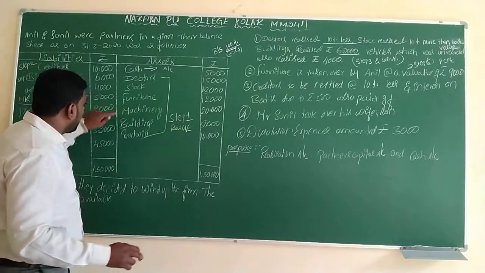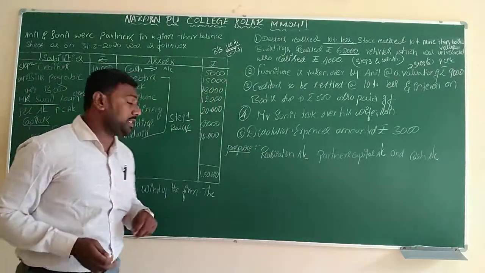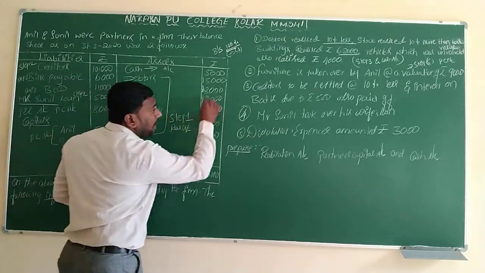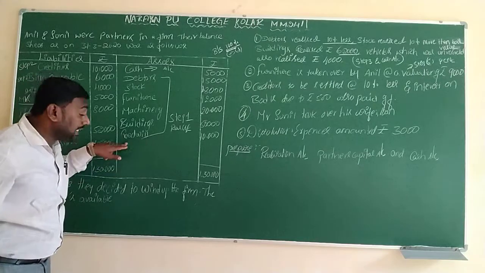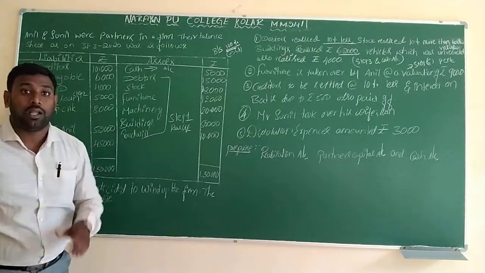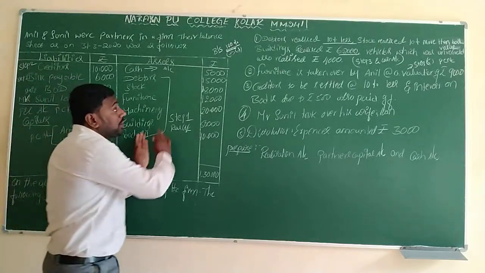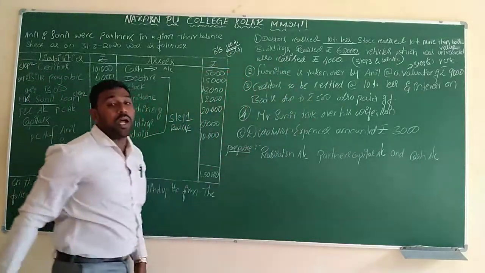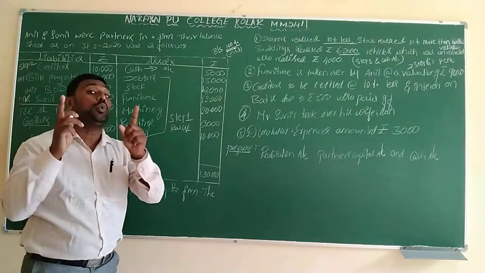During that time, if a tangible asset value is missing in the adjustment, we have to record the same value in step number 3 only. But if an intangible asset, that is goodwill or prepaid expenses, is given in the balance sheet but the information is not available in the adjustments, we have to ignore those two values.